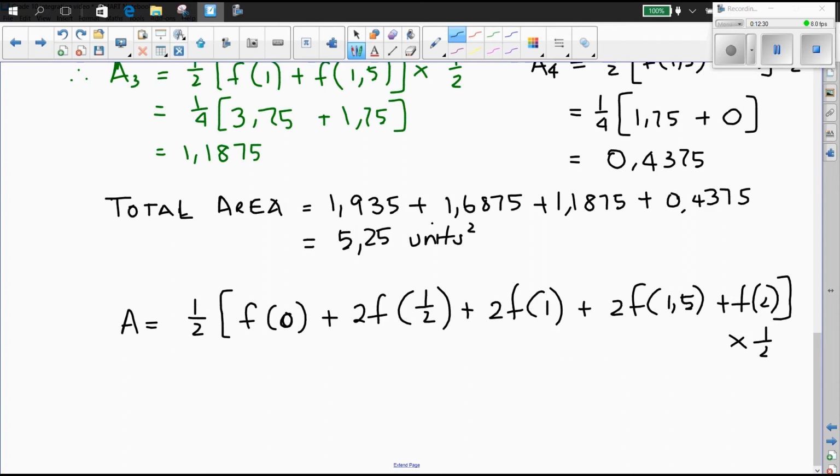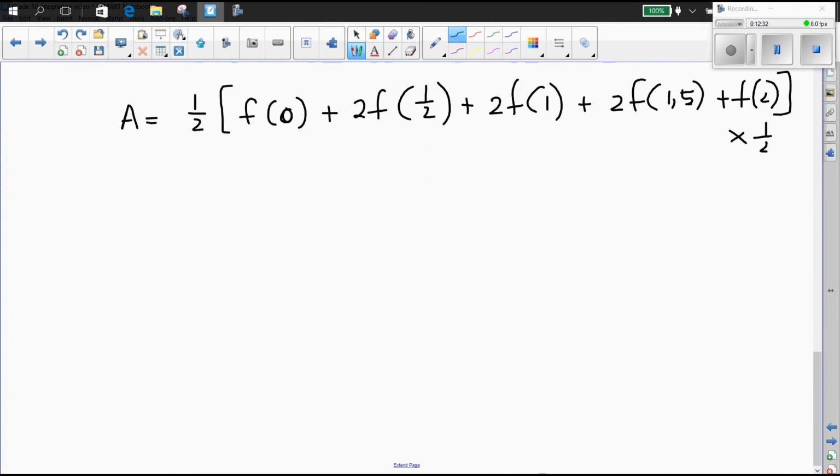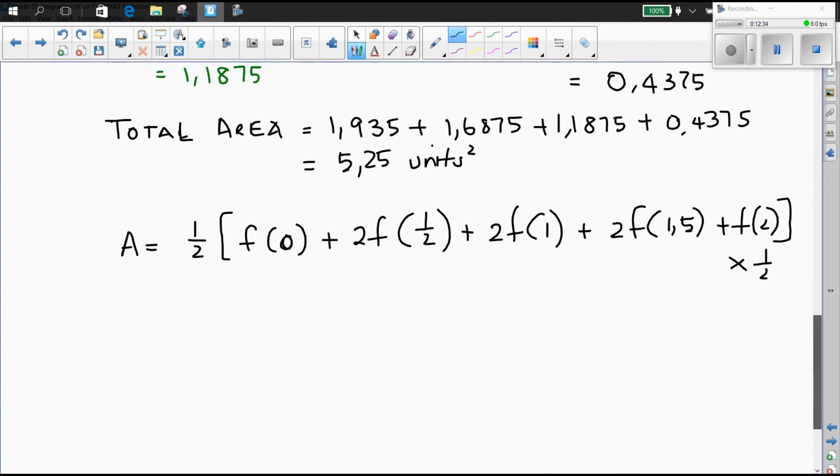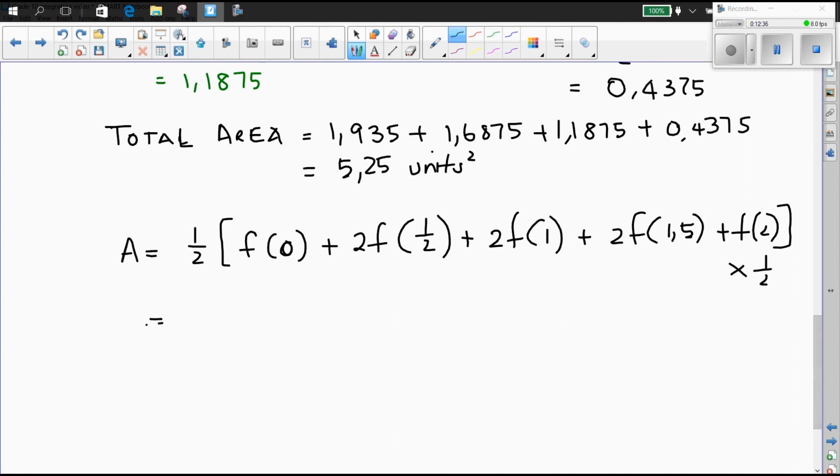And then I substitute my values. A half times a half can give you a quarter, but I'm going to write it as a half. What was f of 0? We worked out that f of 0 had a value of 4. We worked out that when x is a half, y was 3,75, so we need to multiply that by 2.